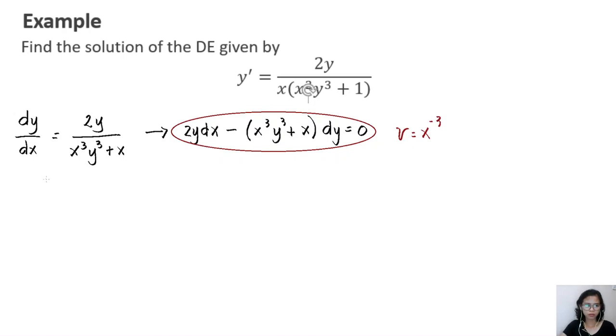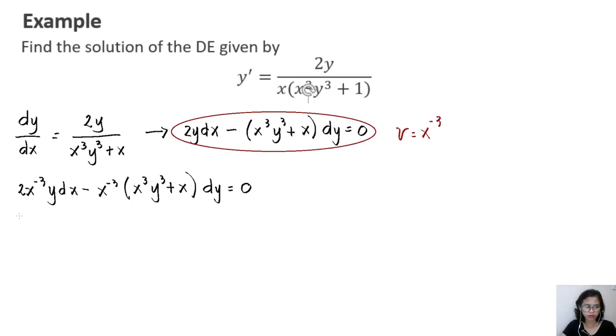This will become 2x to the negative 3 y dx minus x to the negative 3 times (x cubed y cubed plus x) dy is equal to 0 times x to the negative 3, that is still 0.